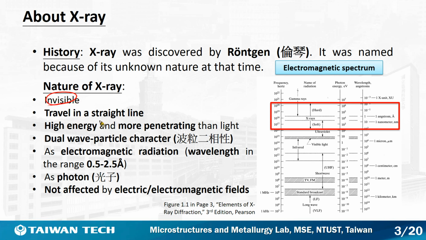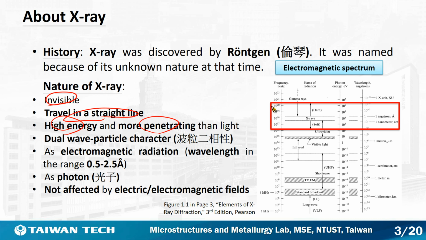It can travel in a straight line, and it also shows very high energy. Because of its high energy nature, it is more penetrating, just like the X-ray pictures we see of the bones, right?